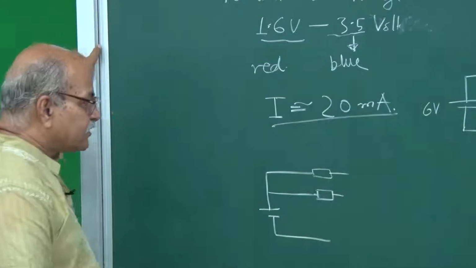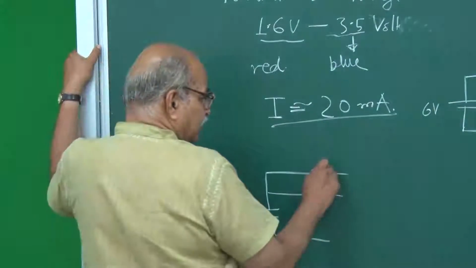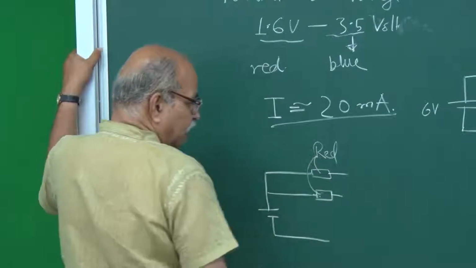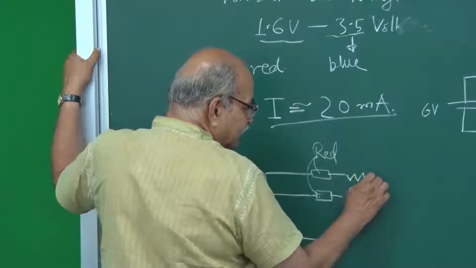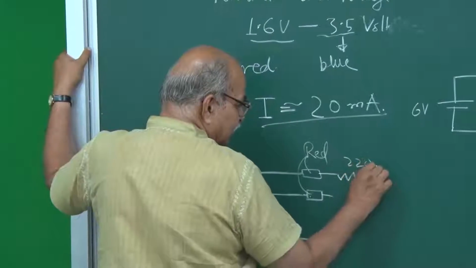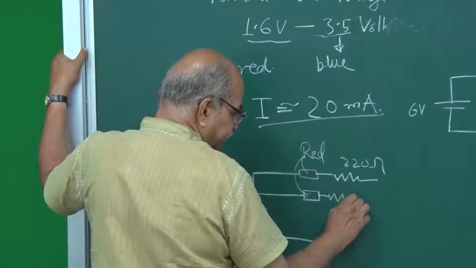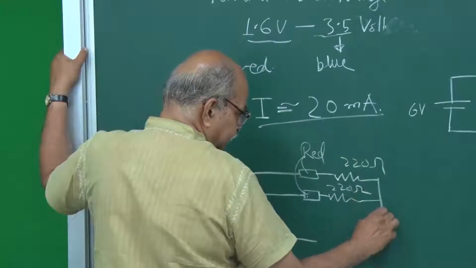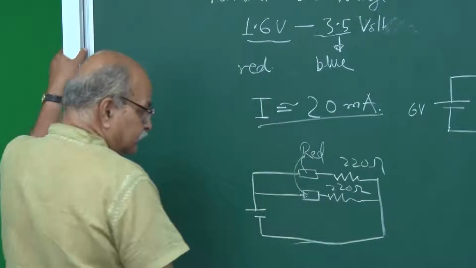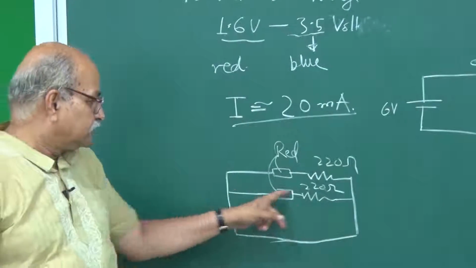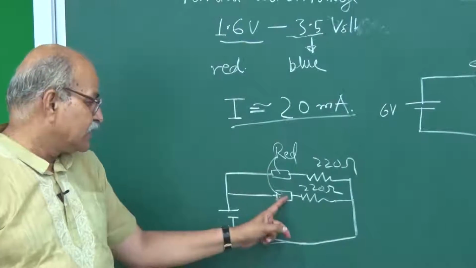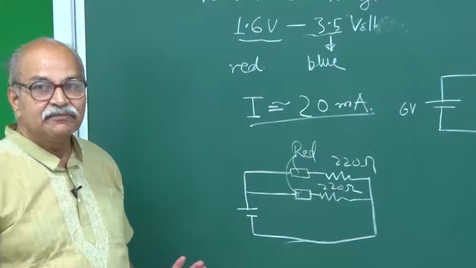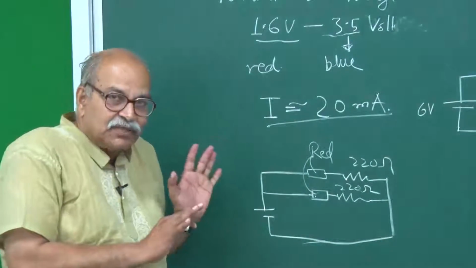Now, if both of them are red, to protect them separately you will need a 220 ohm resistance here and a 220 ohm resistance here, so that this circuit ensures that 20 milliamperes goes here, and this circuit ensures that 20 milliamperes goes here. So these things one should take care of.